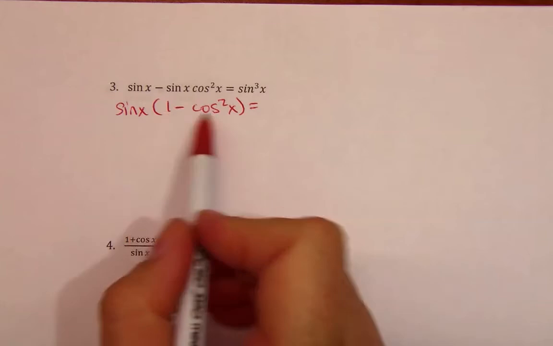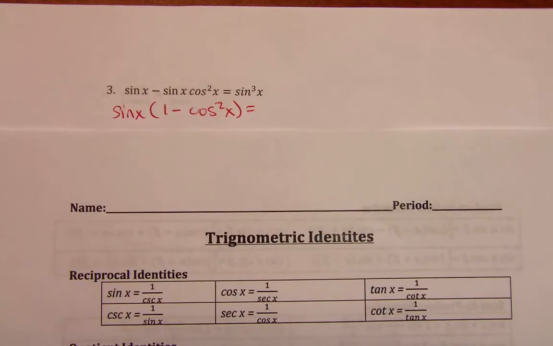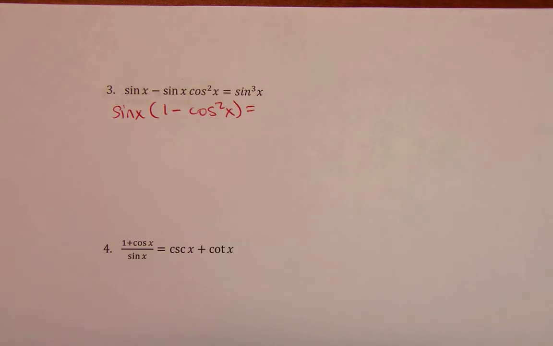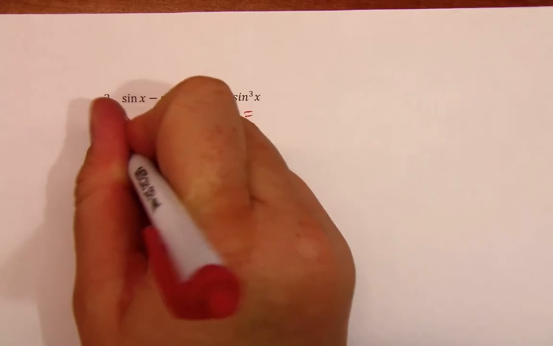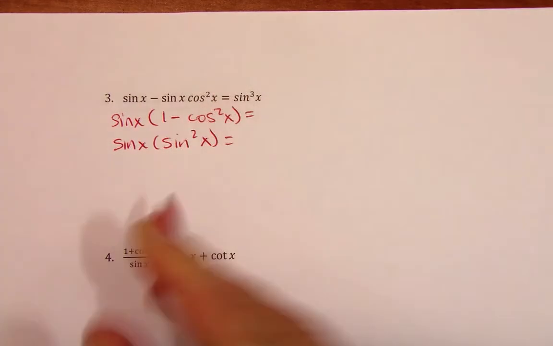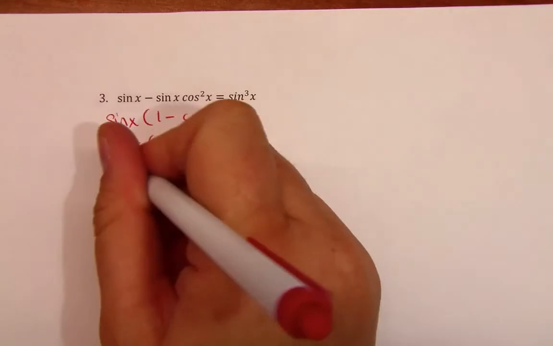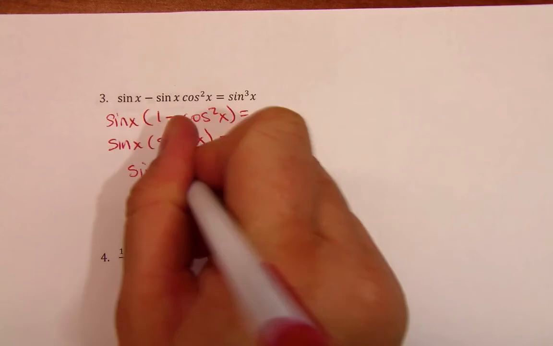And then looking at this, I can use my Pythagorean identity again. And 1 minus cosine squared x is equal to sine squared x. And again, it's important to show this step here, showing what you're substituting, and then this is sine cubed x.